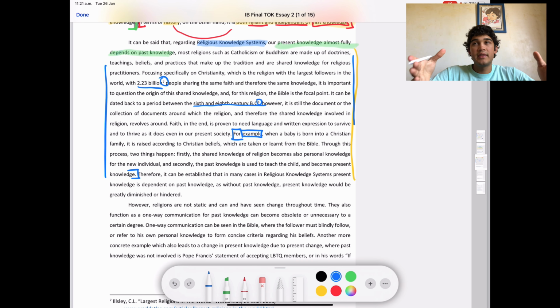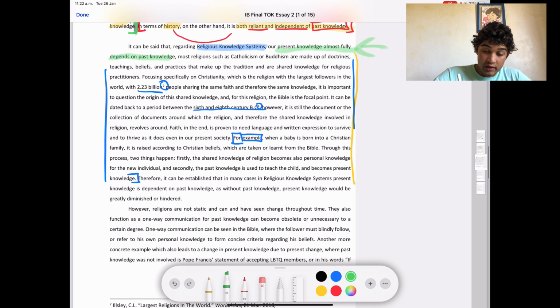So this is all leading the person that's grading along a certain trajectory that I want them to go in. And here, they've gone down the path I've laid out. So now I want to bring them back to the reason why they went down this path. So what do I do? I reiterate this over here.